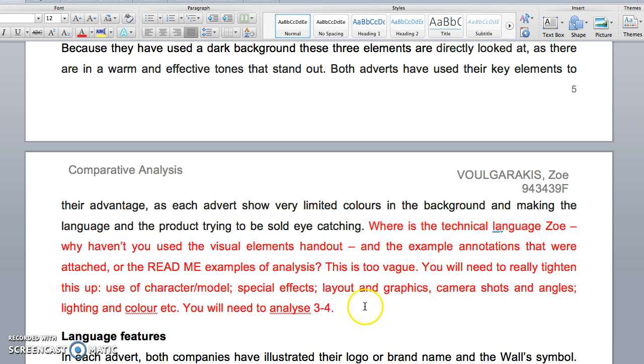You need to be talking about how the creators of the advertisements, or the designers, or the copywriters have used character or beauty and social standing, how they've used special effects, how they've used layout and graphics to focus the viewer's attention on the product or the slogan.